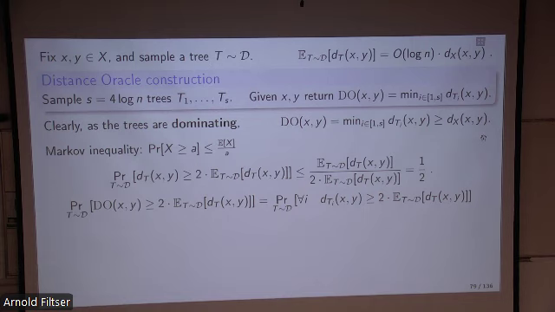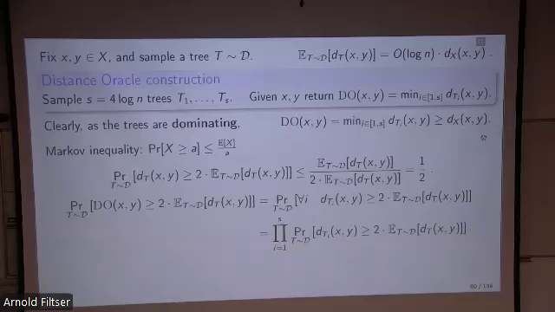But all these trees are sampled independently, so the probability that this happens in every tree is independent. So this event should happen S times. By Markov, the probability that in every specific tree the returned distance is twice larger than the expectation is at most half. So the probability of this event is at most half to the power of the number of attempts, which is S, and I chose S exactly for log n. So this is at most 1 over, say, n to the 4. This is highly unlikely.